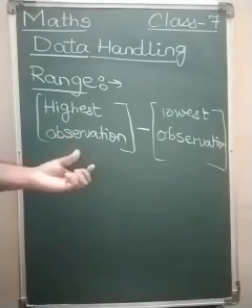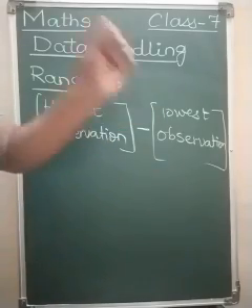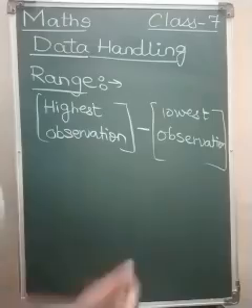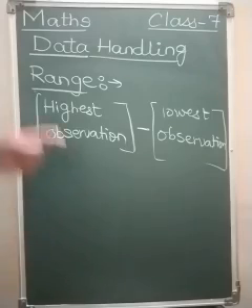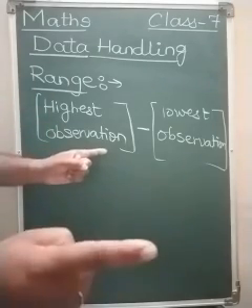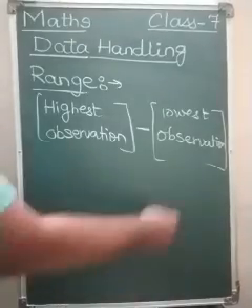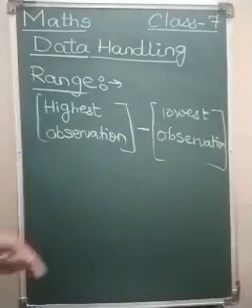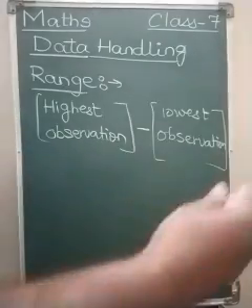And suppose the lowest marks got by a student is 20, let us assume. So that 20 would be the lowest observation. That means every student has got marks between 20 and 50. Got it? What is the highest observation? 50. What is the lowest observation? 20. No one got marks below 20. No one can get marks above 50.